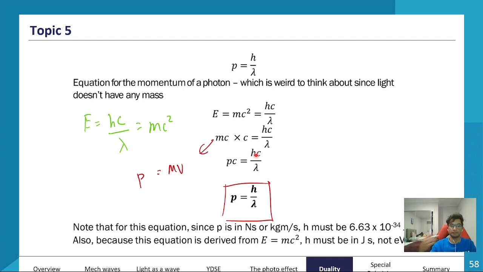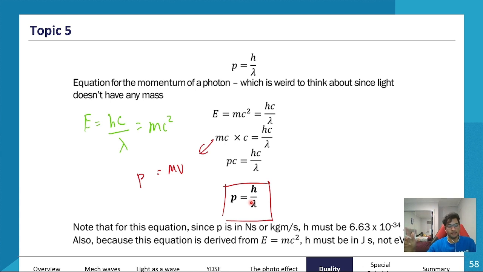What this tells us is that light actually has momentum. That wavelength of light has momentum, which kind of doesn't make sense, because light is by definition a massless object. How does that massless object have momentum? That's pretty crazy to think about.